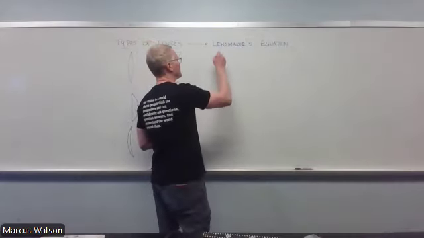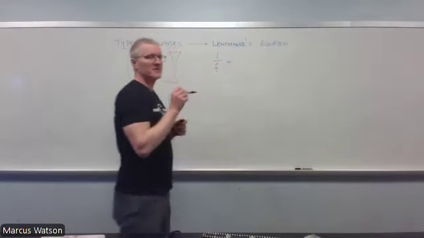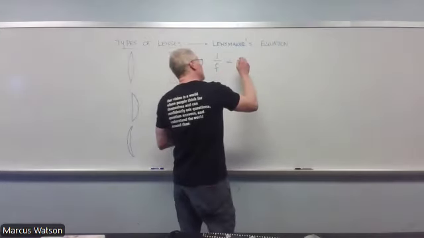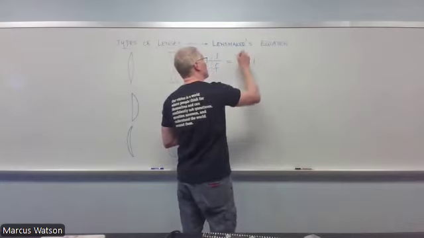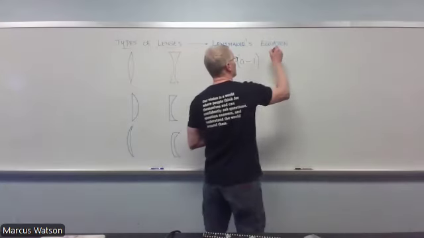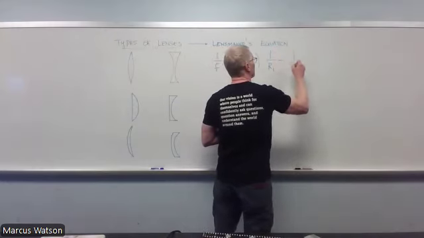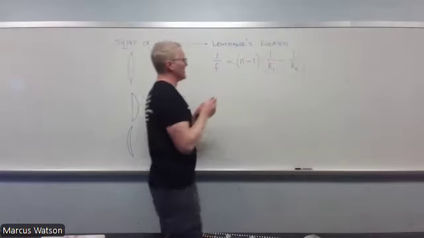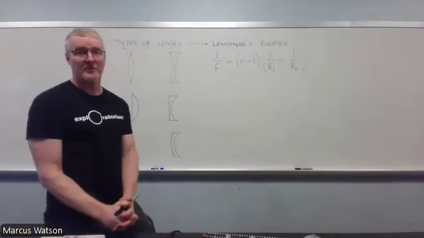So it looks like this. It's similar in nature to the thin lens equation, but a little bit different. So we're going to go like this. That's the lens maker equation for a thin lens.